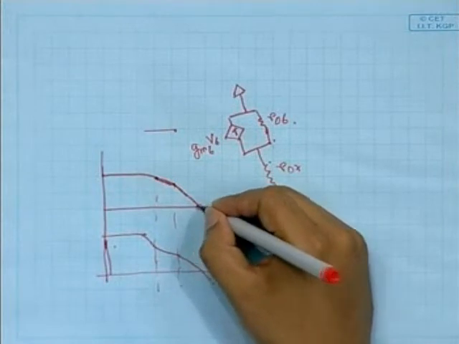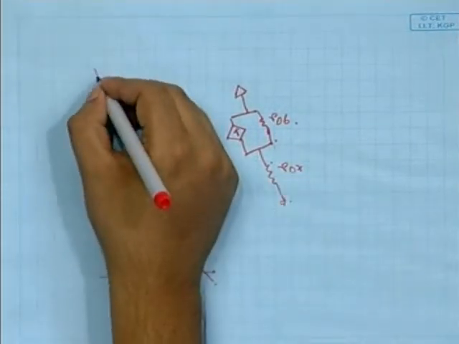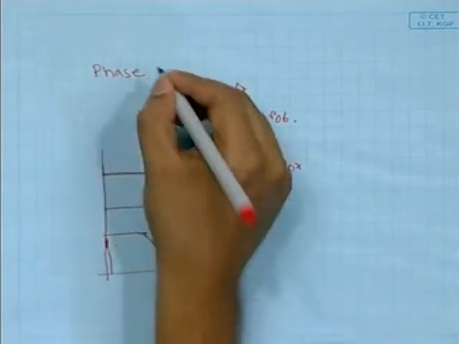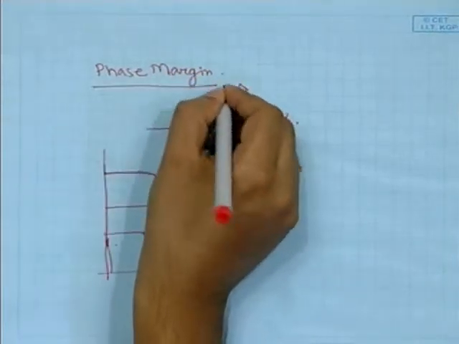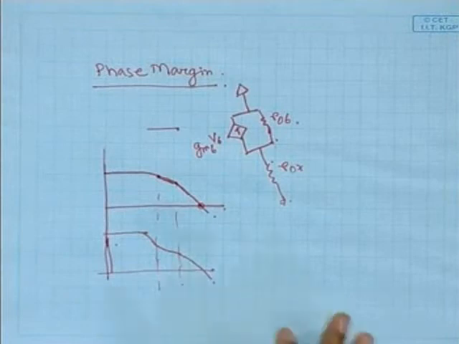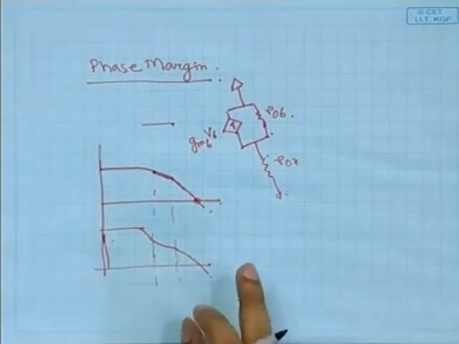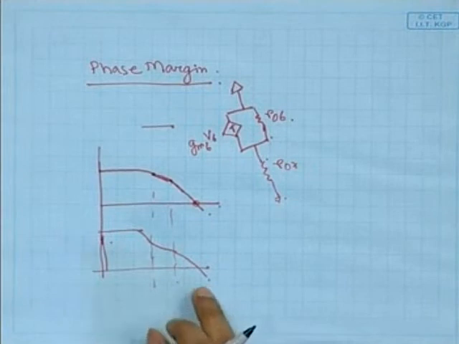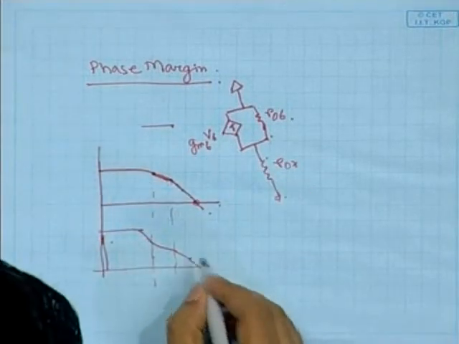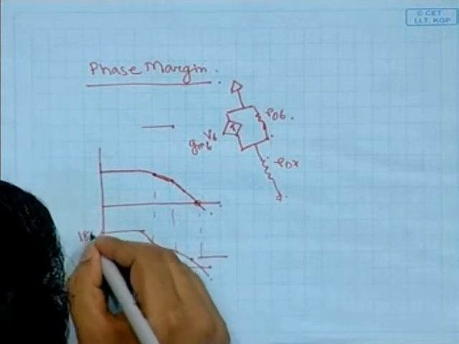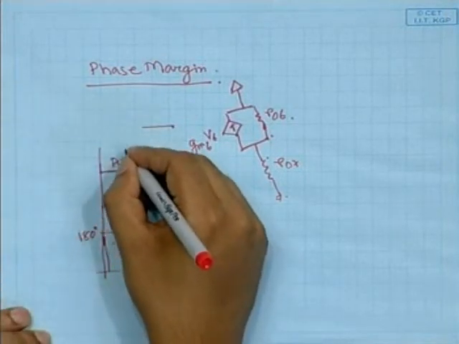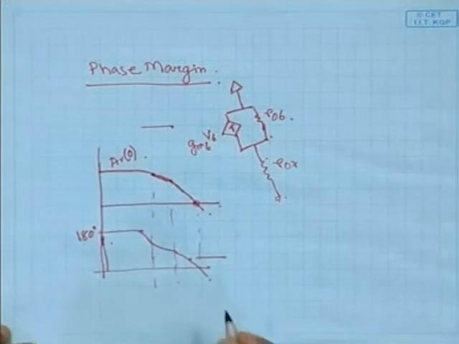Now there comes a term called phase margin. Phase margin is the phase at the frequency where the gain equals 0 dB. Suppose the phase starts from 180 degrees, and this is the open loop gain of the circuit.